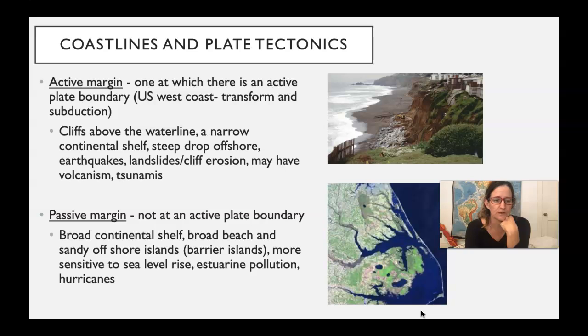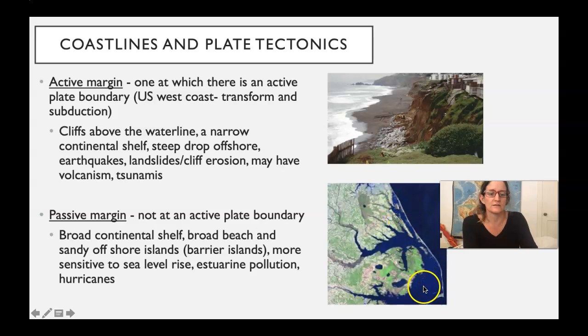These areas are low-lying, the relief is really low. They're more sensitive to sea level rise. As sea level rises, more of the land can be inundated by seawater. There are estuaries. Estuaries are, like here in the Outer Banks, the back beach area between the mainland and the islands.